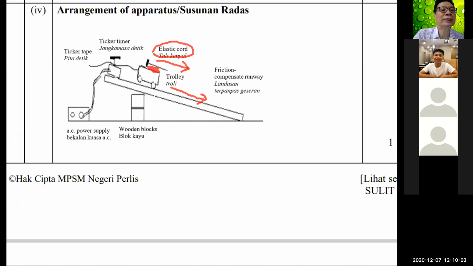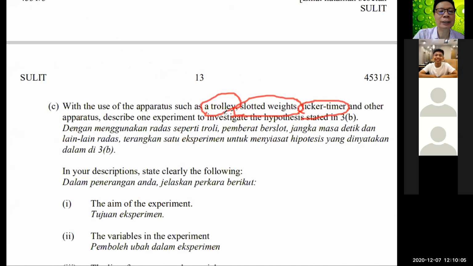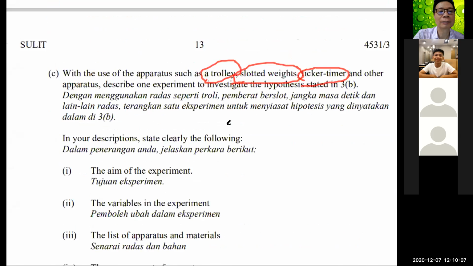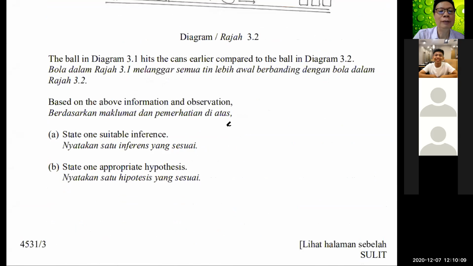First questions are definitely inference. How to give inference, how to give hypothesis. Inference, what keyword? Can you type the inference, please? Type the answer. Acceleration depends on the mass.